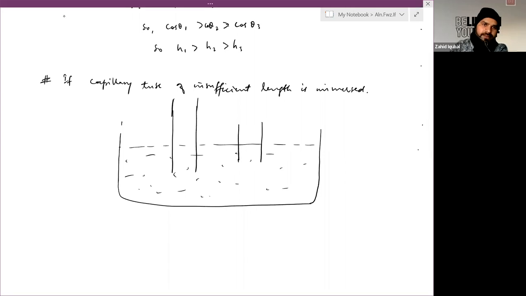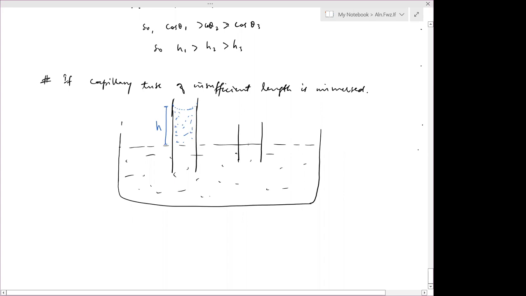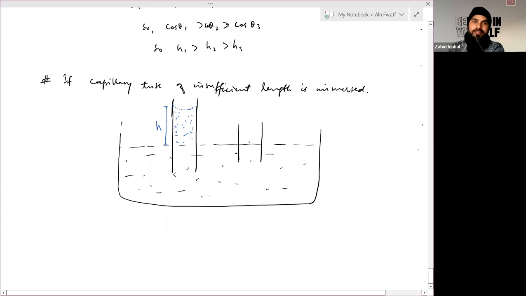In first part, level of liquid is up to this point. So height of level of liquid in this part is about h. So what will happen if length of this particular capillary tube is less than h? Will the liquid overflow? So it will overflow. Your 4 marks will be deducted. You will get -5.